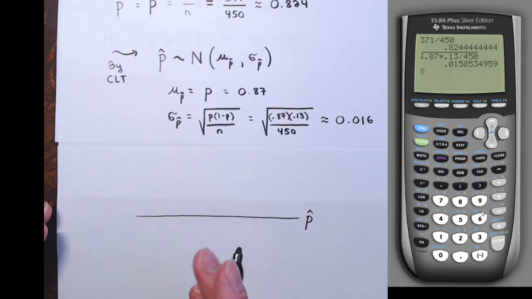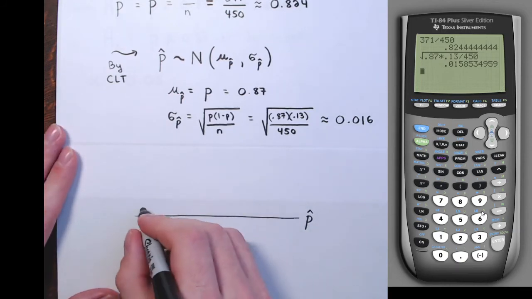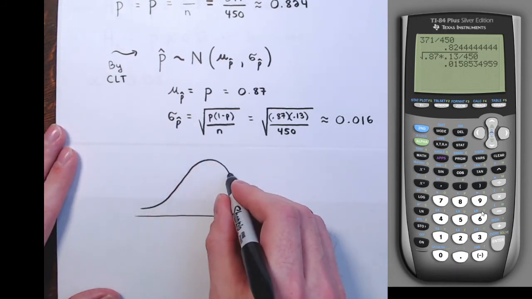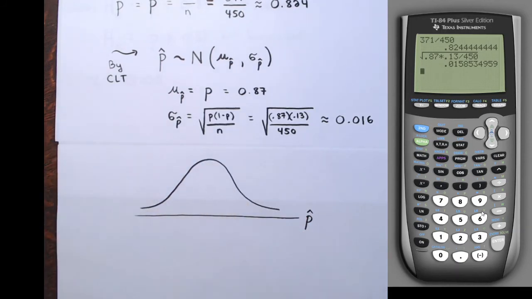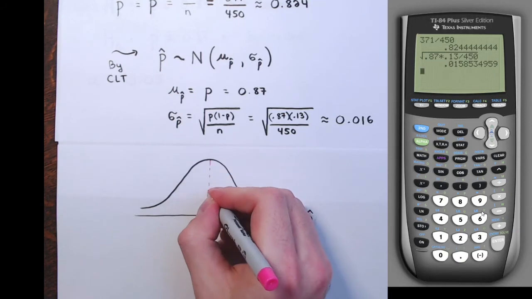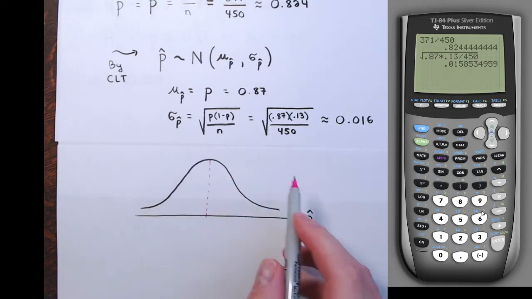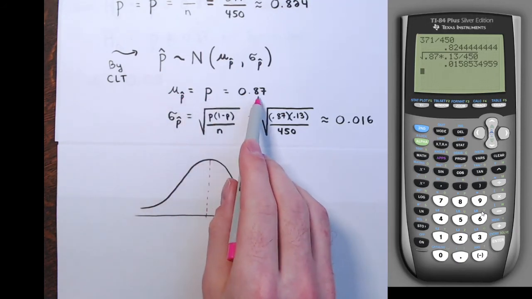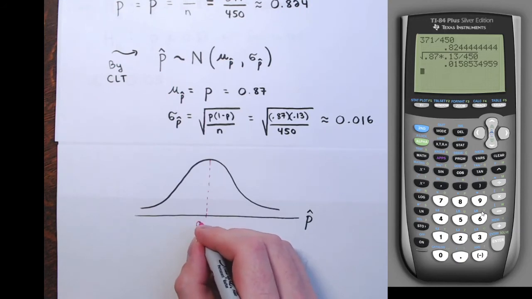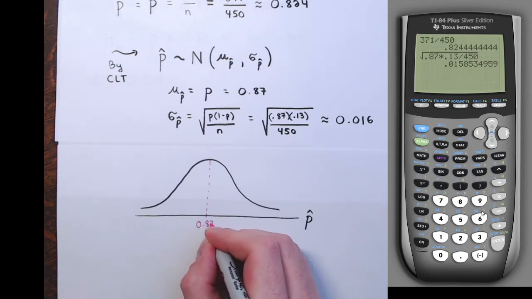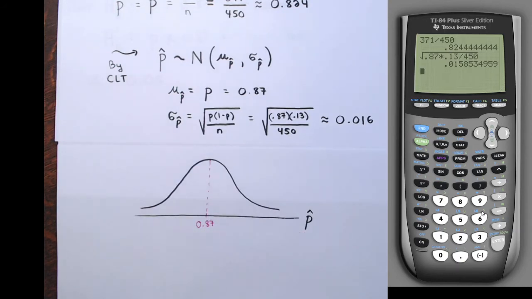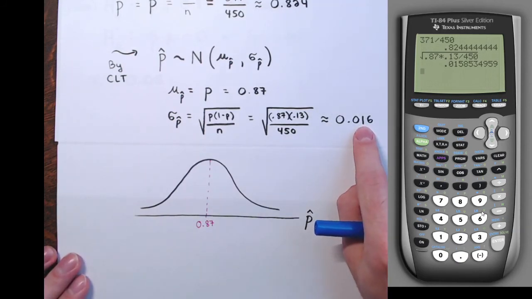The distribution of these p-hats should be approximately normal, so another symmetrical bell-shaped curve. Underneath the peak is the mean value of these p-hats, which we're assuming is 0.87. And the standard deviation is 0.016.